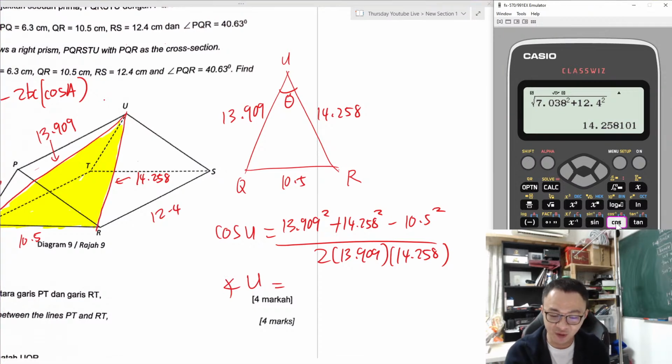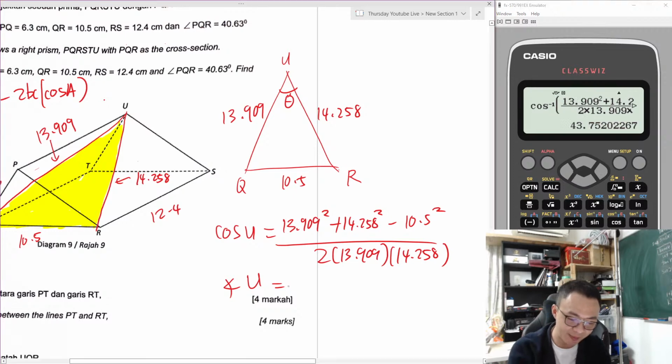I will just straight away do shift cos and key in everything. So the angle is 43.75 degrees.